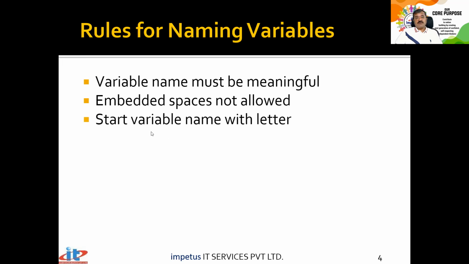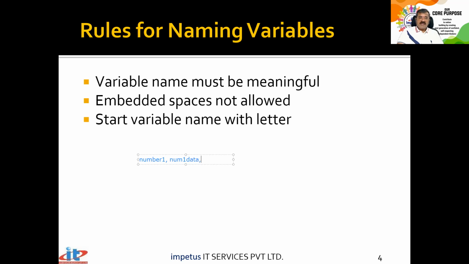No embedded space allowed. Start the variable name with a letter. So I can create a variable something like this: number1, that's okay. I can create a variable saying num1data, that's also okay.